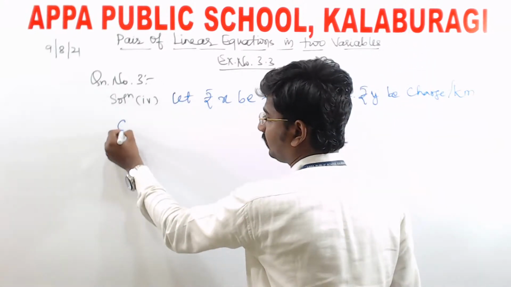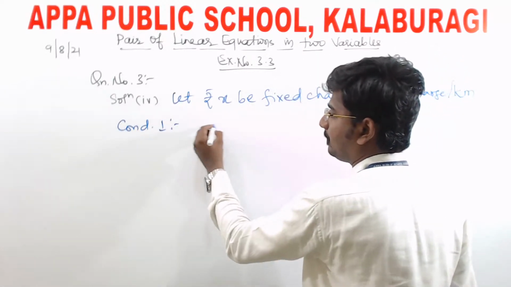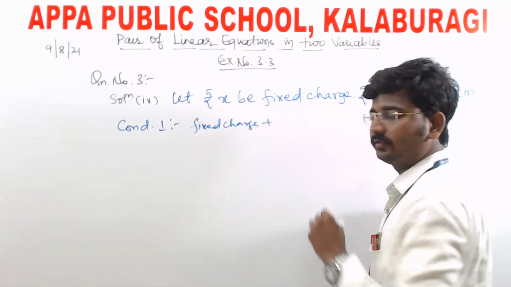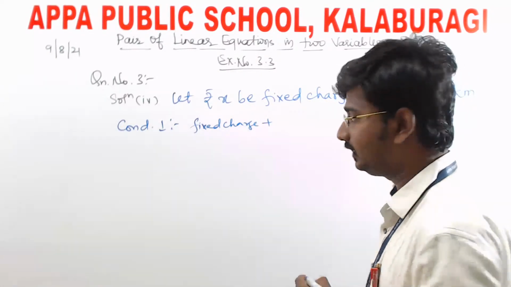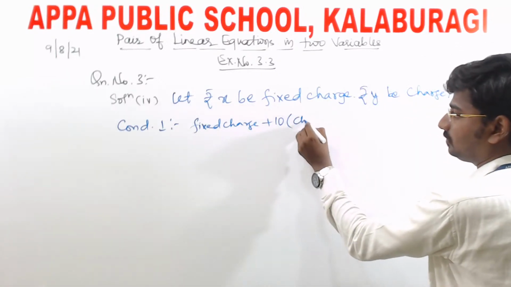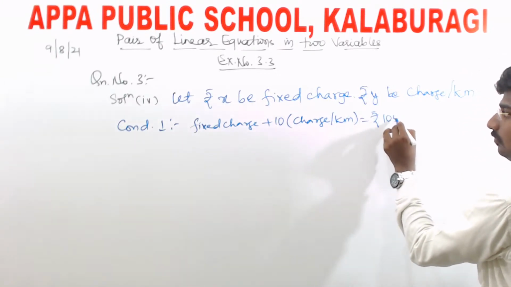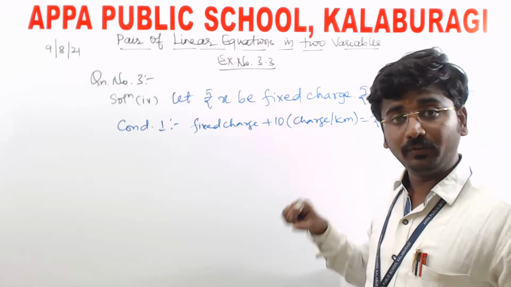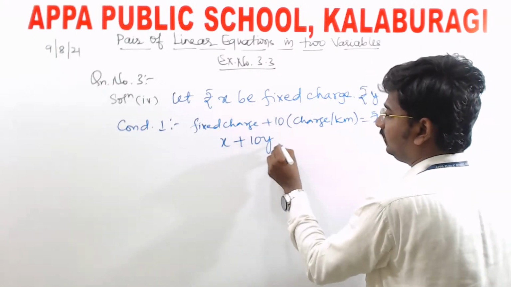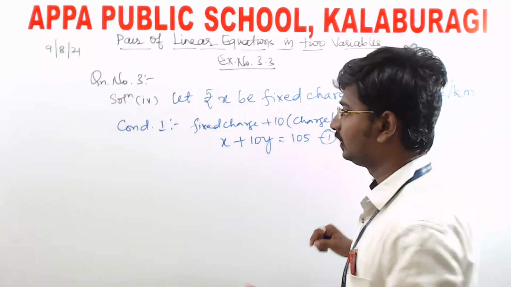Condition 1: fixed charge plus the extra distance covered, 10 kilometers into the charge per kilometer, is equal to rupees 105. So the equation is x plus 10y is equal to 105. This would be your equation 1.